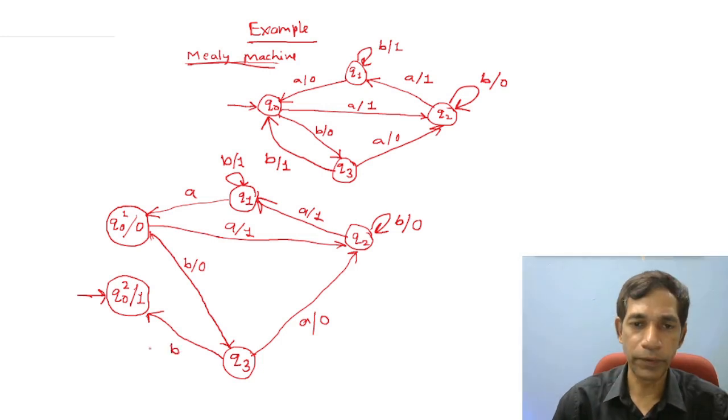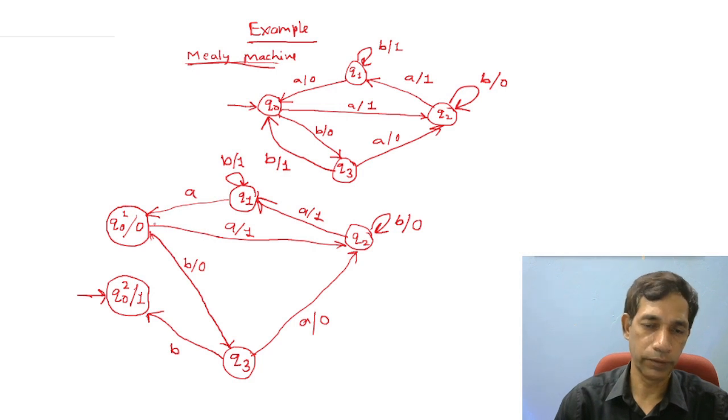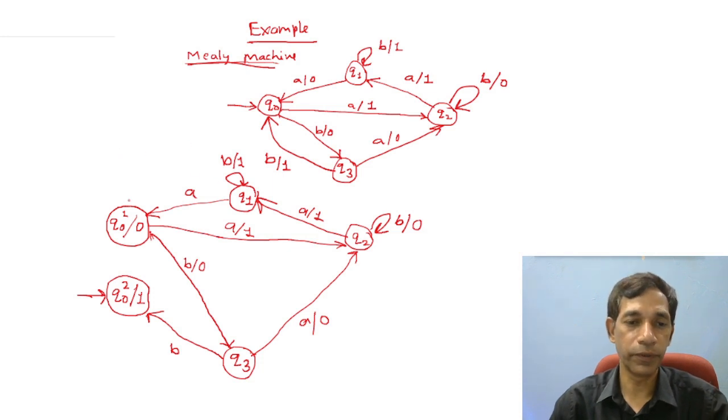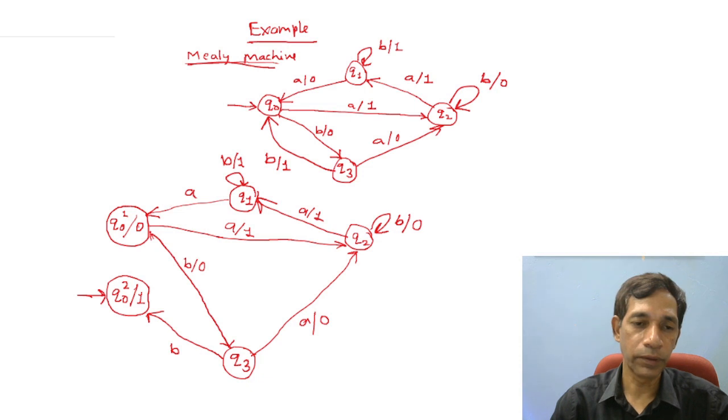So what we have done, we have the state Q0, and since we have different incoming edges with different outputs, we have made copies. We have two copies now for the state Q0. One is going to produce 0 and the other copy is going to produce 1.